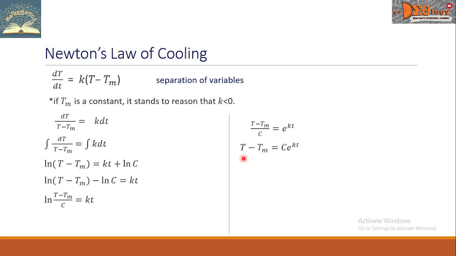Let us isolate this capital T, meaning this negative T sub m we will transpose to the right. And we have now this equation: T equals T sub m plus C times e raised to the product kt. This is now the formula for Newton's law of cooling.